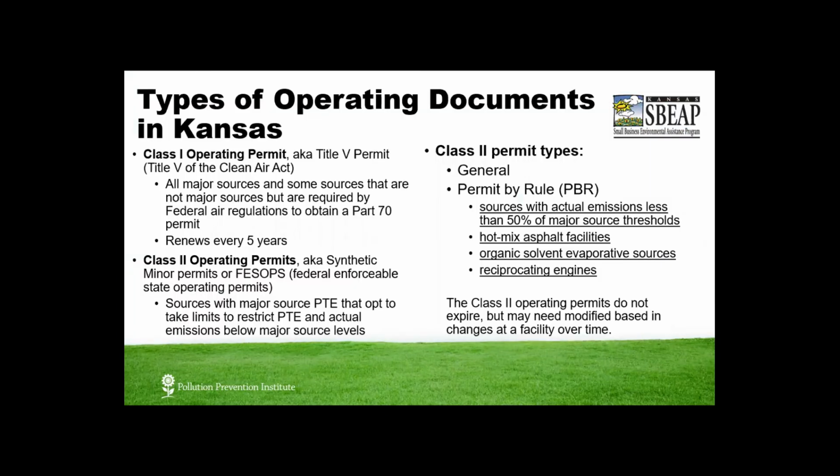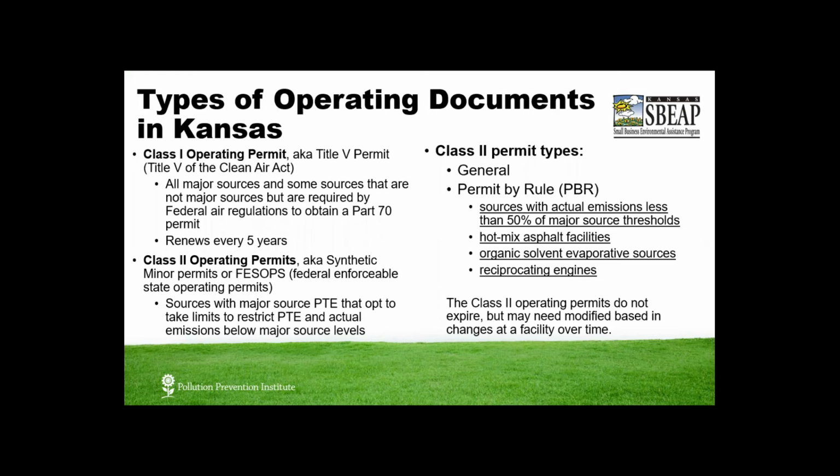There are several types of operating permits in Kansas. All operating permits are for sources that are major sources of air pollution. At the time of the making of this video, Kansas does not have an operating permit program for sources that are considered to be true minor sources, which are sources whose potential to emit is less than major source thresholds that we have reviewed in the previous slides.